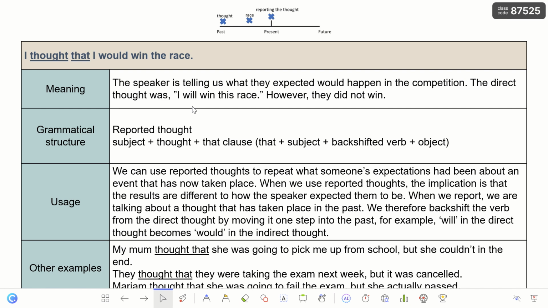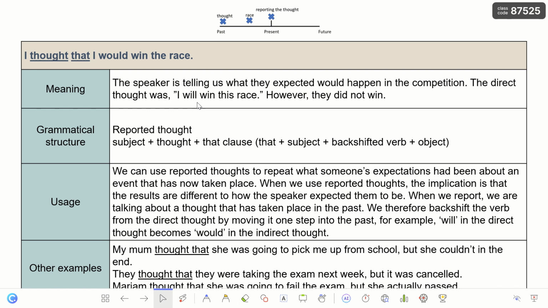We know that the direct speech is the exact words of someone saying, while the reported or indirect is when we retell or someone retells what other people said about a certain topic. So the direct thought was, I will win the race. However, they didn't win. So he said, I thought that I would win the race.